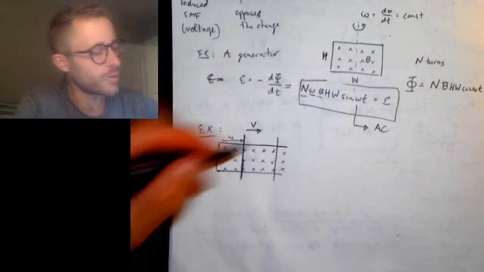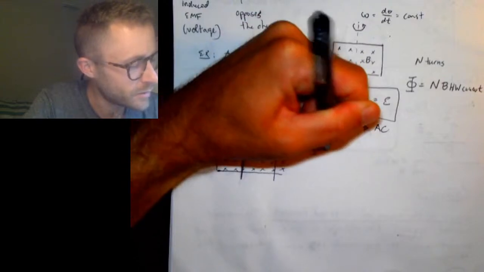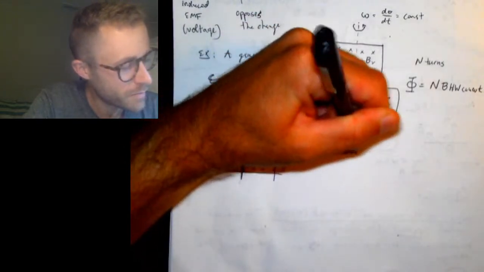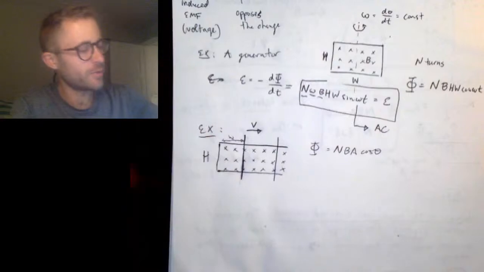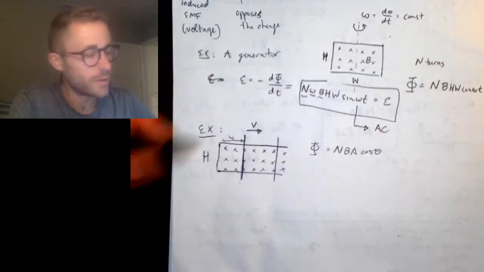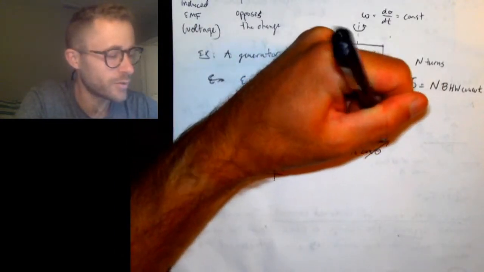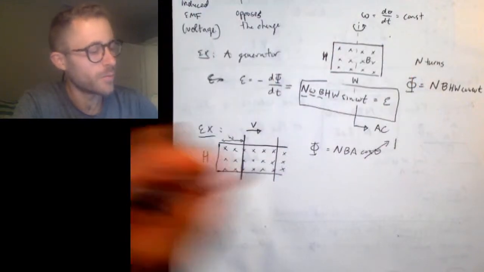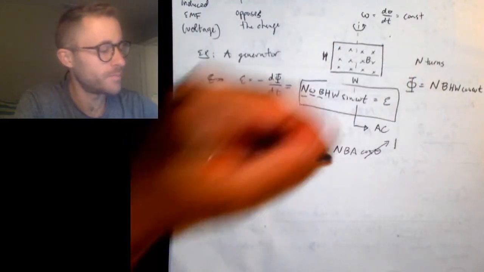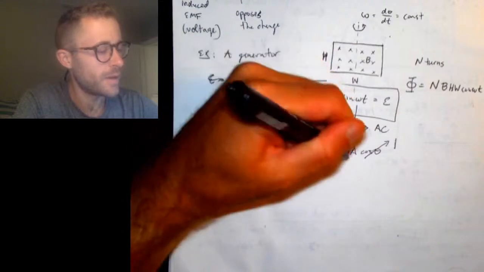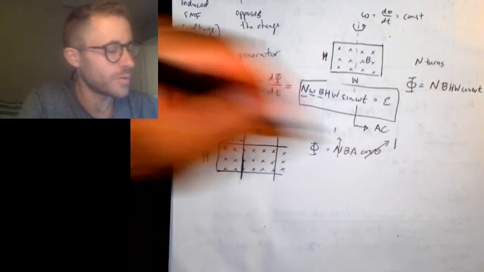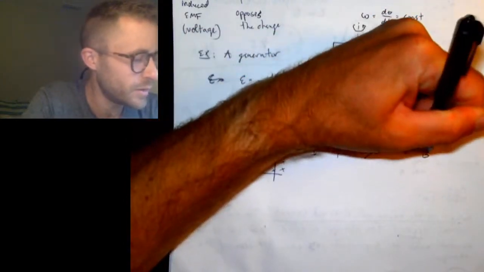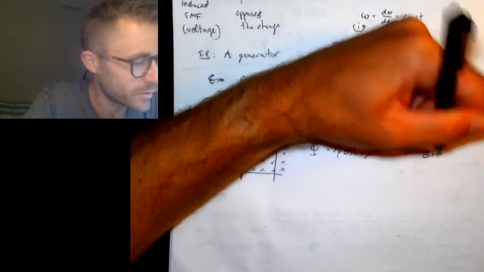So our flux is NBA cosine theta. Now, the magnetic field is perpendicular to the loop, so cosine of theta is 1. The number of turns is 1. Area is height times W. So the flux is B height times W.